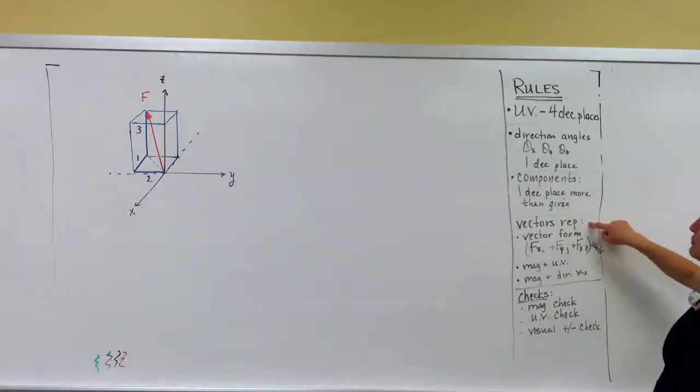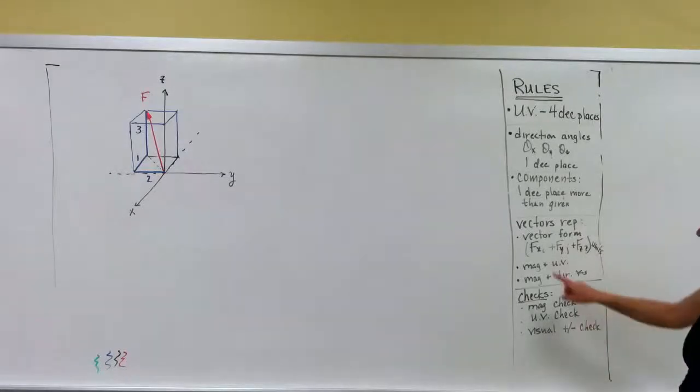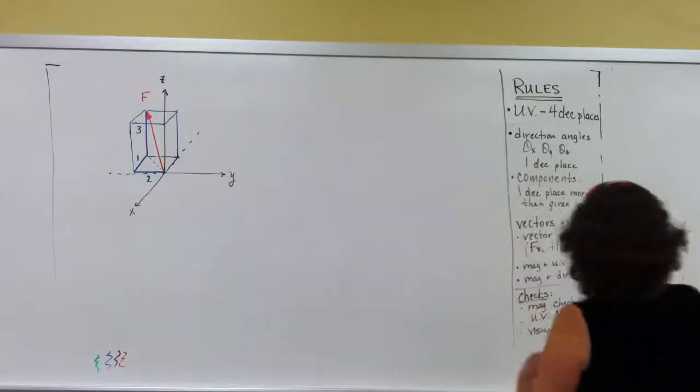We also learned that there are 3 different ways to represent vectors. One is vector form, which you probably referred to before as Cartesian vector form: Fx i plus Fy j plus Fz k.